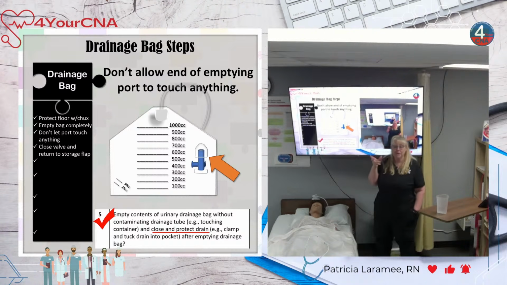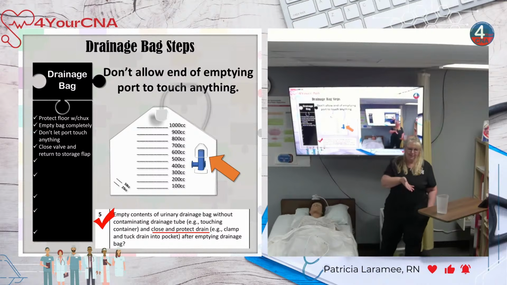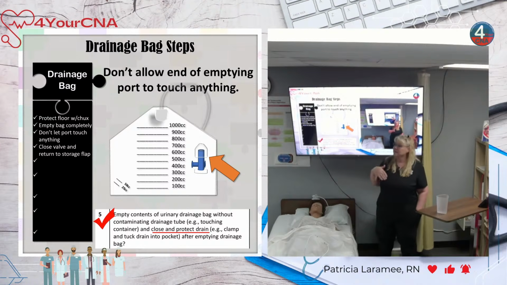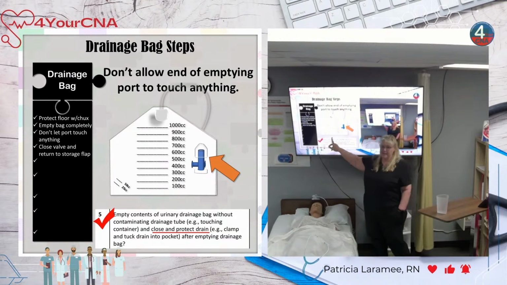So we found that by cleaning it with alcohol, it actually made it much more susceptible to bacterial colonization. So that is no longer a recommended action. Okay, and it's reflected in our checkpoint. It does not have us cleaning the port with alcohol.